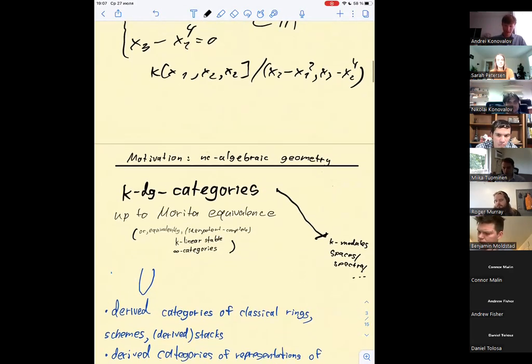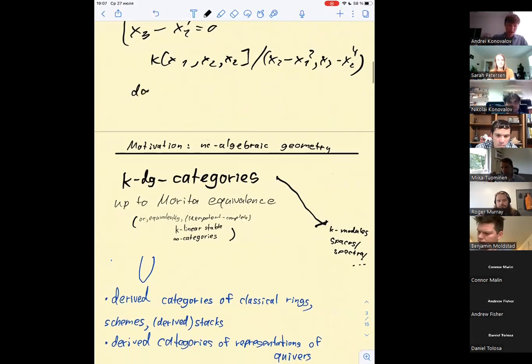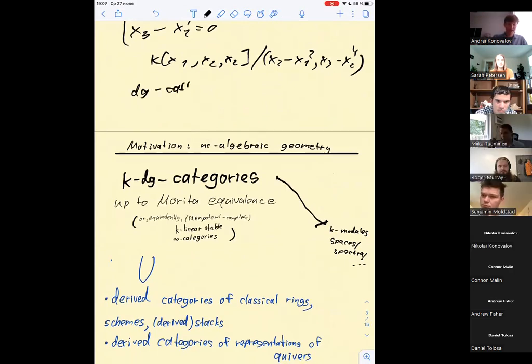A dg-category for me is just some mild generalization, in fact, of a dg-algebra. A dg-category is just a category enriched over complexes. So for every two objects, you have a complex of morphisms between them. Whenever you have two objects x and y, hom from x to y is a complex and not merely a set.